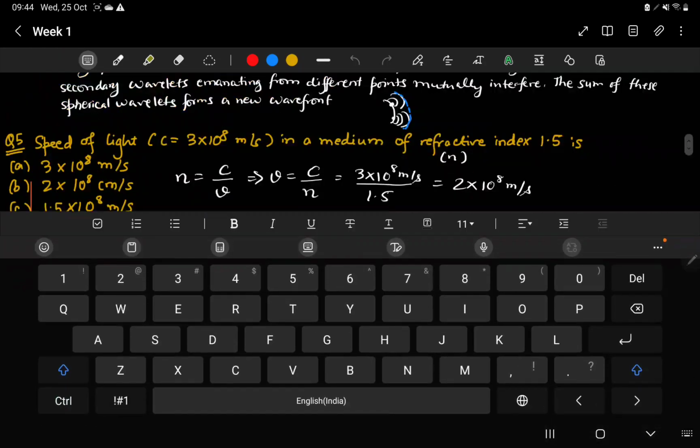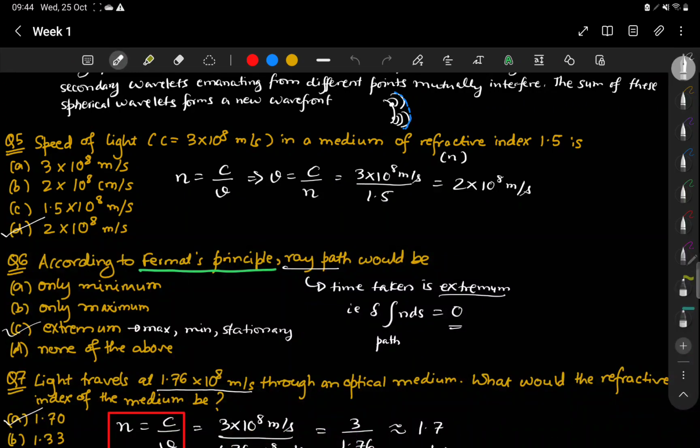The relation between speed of light in a medium and refractive index is given as follows. The refractive index is the speed of light in vacuum over the speed of light in the medium.